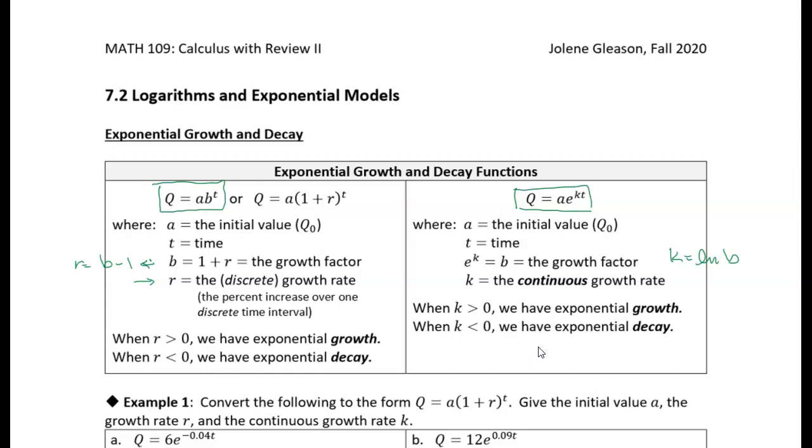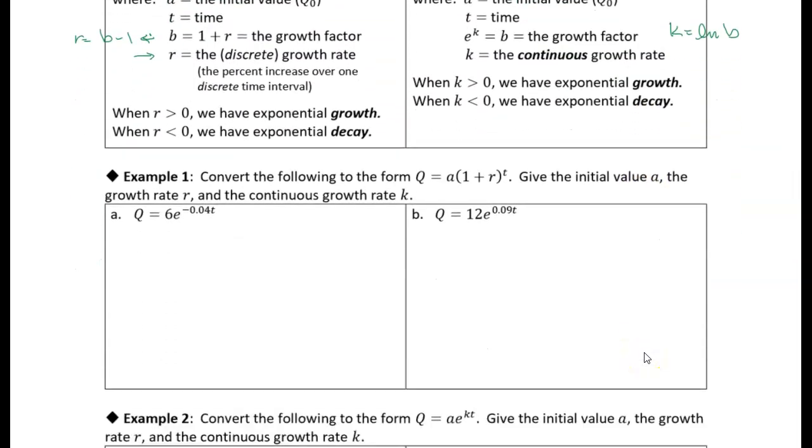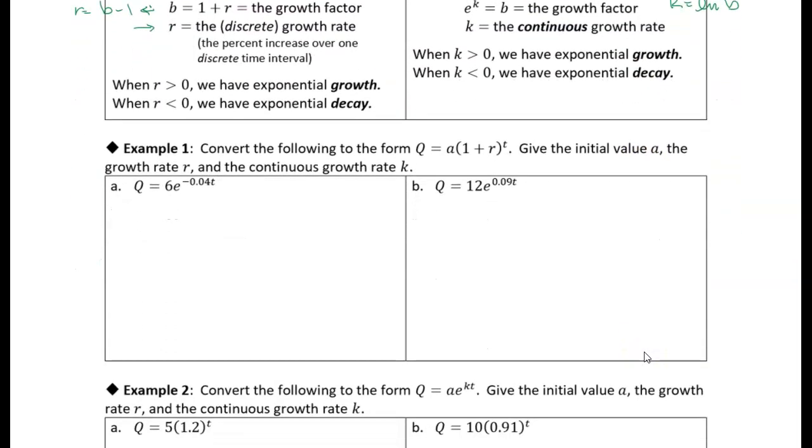All right, so the first thing we're going to do in this first example is convert from one form to another. In this case, we're given exponential models in the e to the kt form, and we want to convert them to the other model where we have q equals a times 1 plus r to the t, or a b to the t, either way.